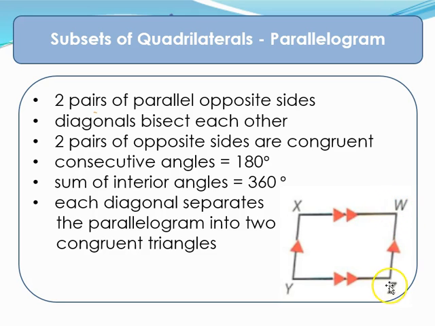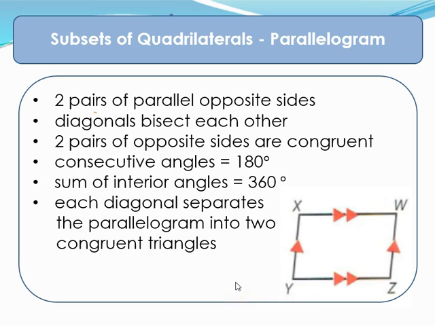Angle W and Z add to 180. Angle Z and Y add to 180. And angle Y and X add to 180. The sum of the interior angles of a parallelogram equals 360 degrees. So all four of the interior angles added together is 360.